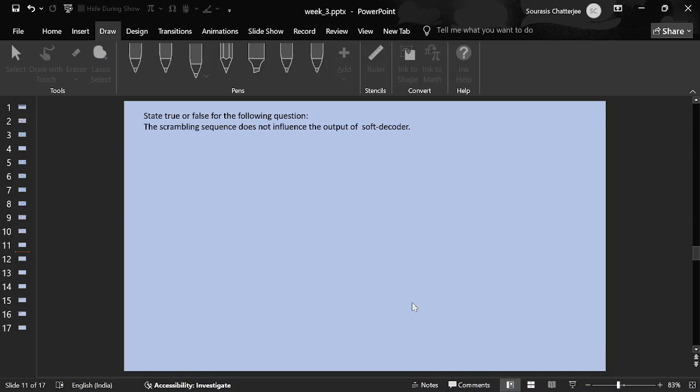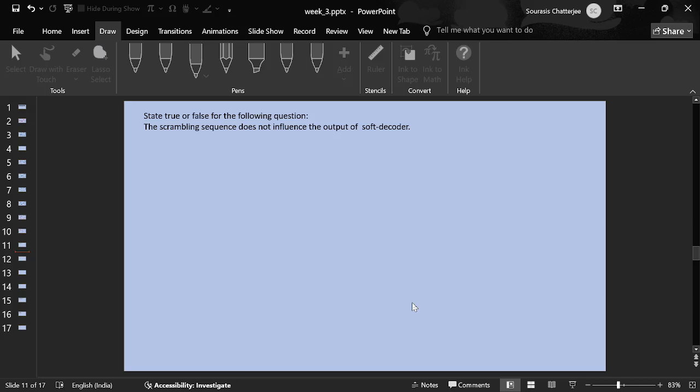I think I didn't cover those lectures, but as of my knowledge, a hard decoder is the one where we threshold the output to some values, whereas in a soft decoder we take the real values itself. Is it correct? Okay, by real value, what do you mean?